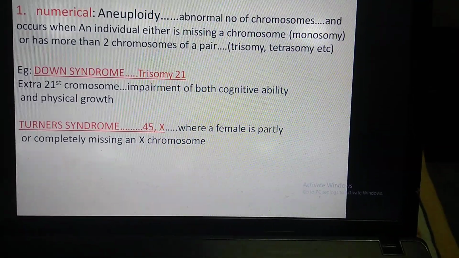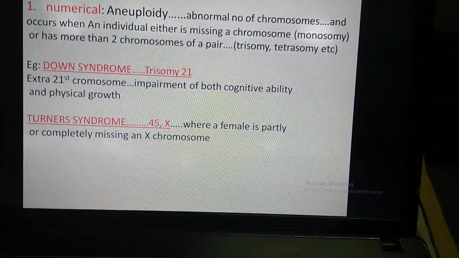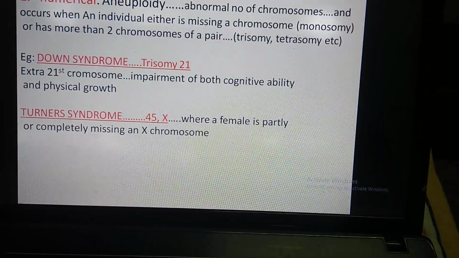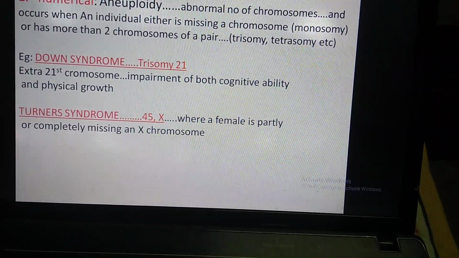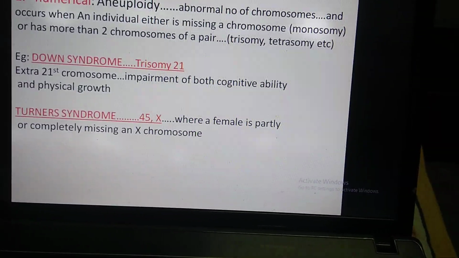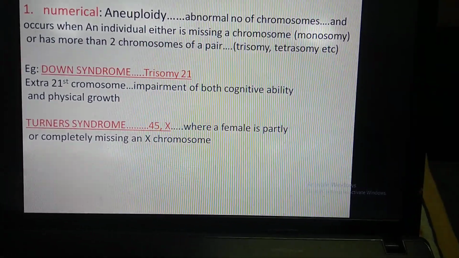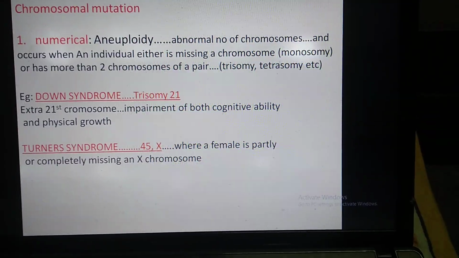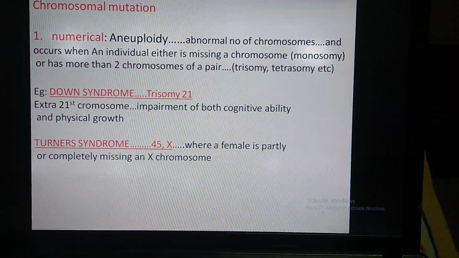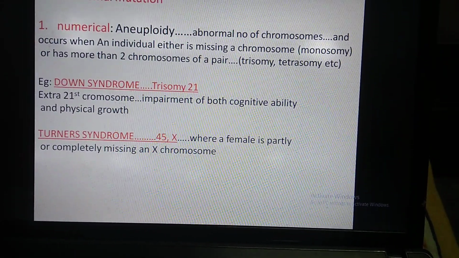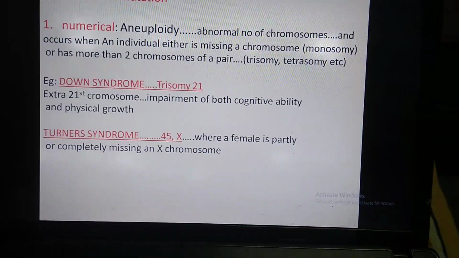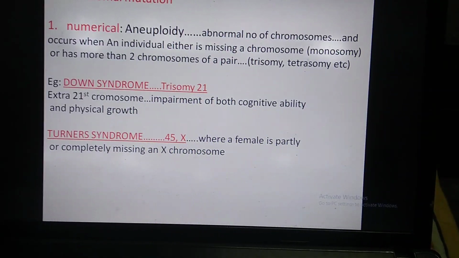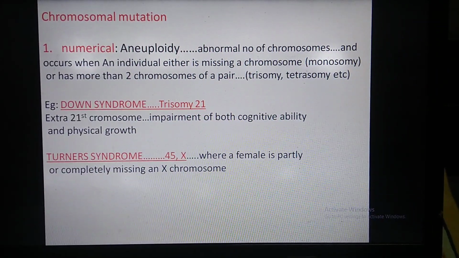Number two, Turner syndrome, when a female is partly or completely missing an X chromosome. We generally have 46 chromosomes, while in Turner syndrome the female has only 45 chromosomes. So these are the abnormalities in the number of chromosomes that lead to severe impairment of cognitive ability and physical growth.